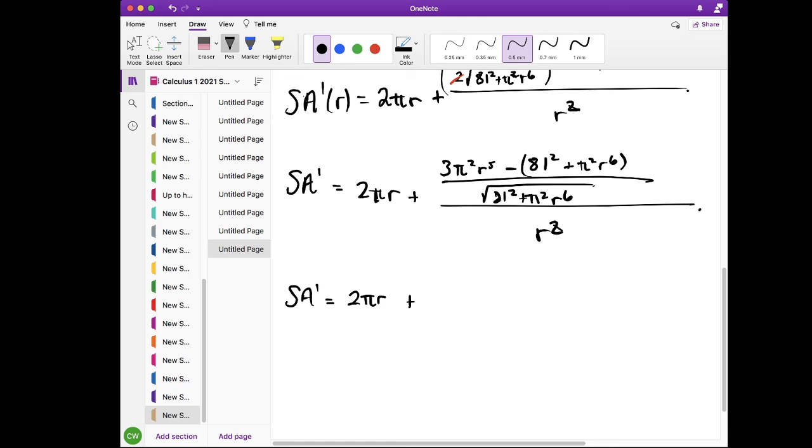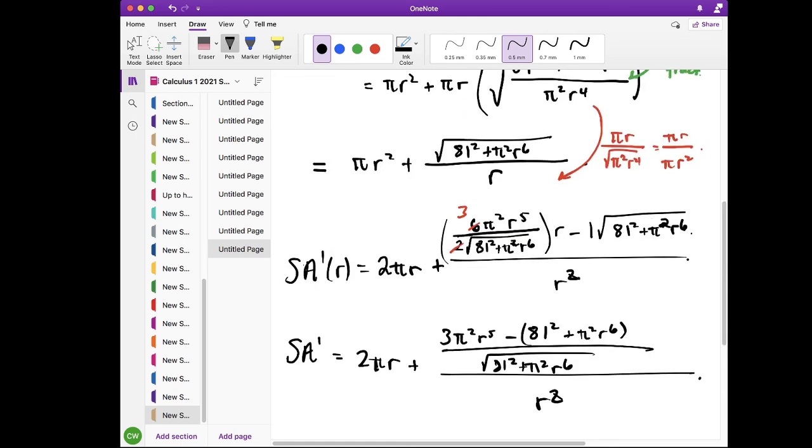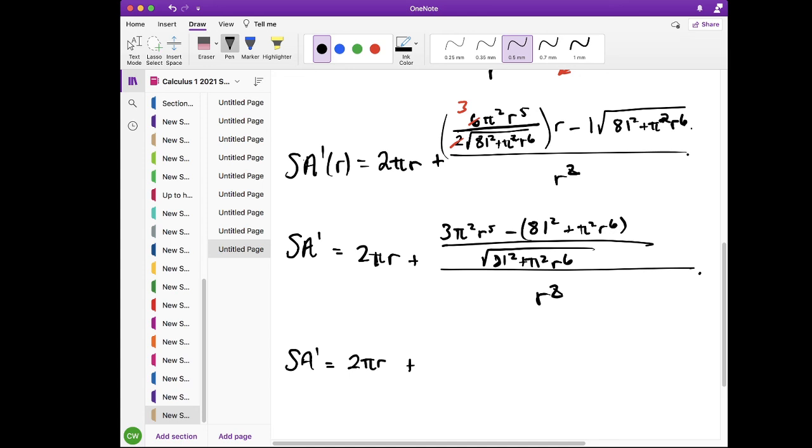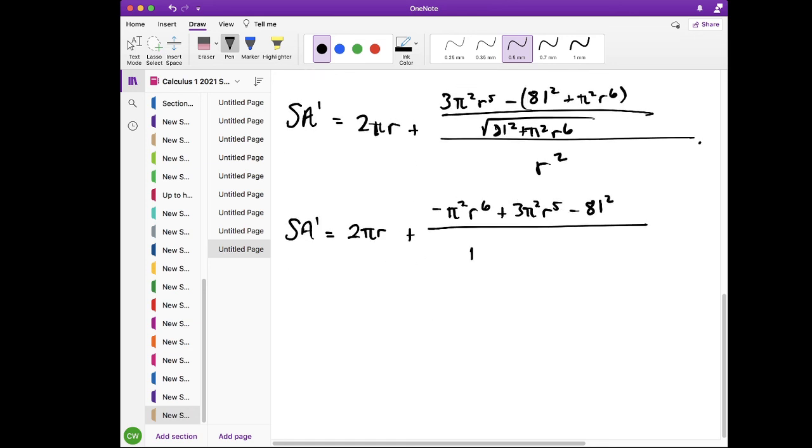Okay, so negative pi squared r to the 6th plus 3 pi squared r to the 5th minus 81 squared. Then we have r squared square root.